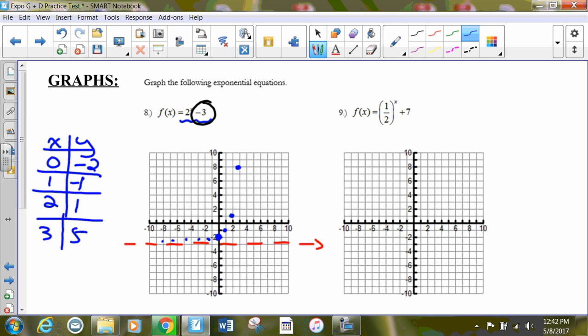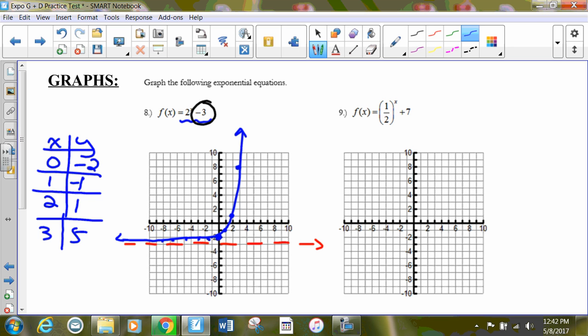I'm not going to spend that time because I just know that the tail of the exponential is going to hover right above the horizontal asymptote of -3, and then it's going to shoot up as we go to the right because it's an exponential growth. And that's all you need to show. It's just an understanding of how the table helps us and how our understanding of what a growth and a decay looks like. So I look at the 1/2, and I know this is a decay.